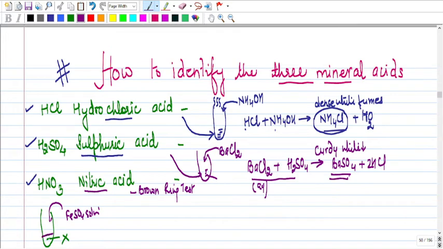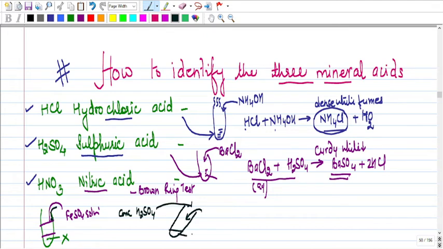Okay, so first is nitric acid and second is freshly prepared ferrous sulfate solution. Now from the side of the test tube, very slowly we add concentrated sulfuric acid. Okay, so we slant the test tube and we add concentrated sulfuric acid.